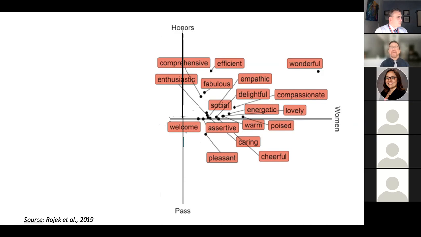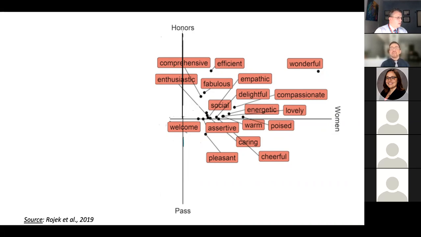So if you look at the y-axis, the points that are closer to the honors were obviously more frequently used when describing trainees who received honors. So you see things like efficient and wonderful closer to the honors end of the axis.